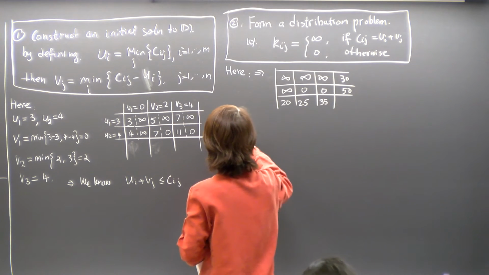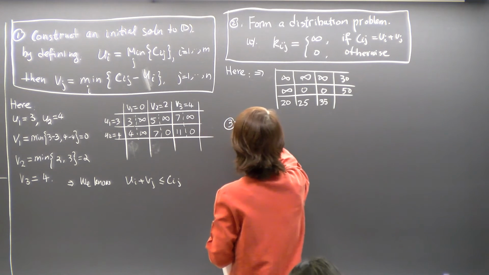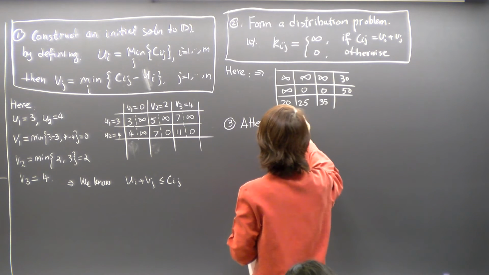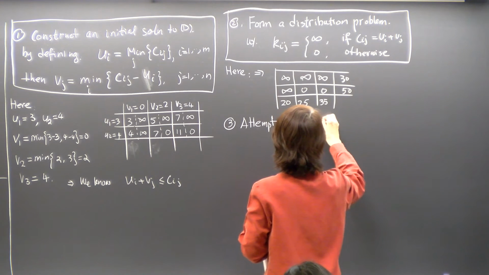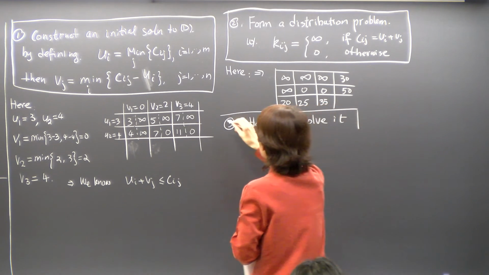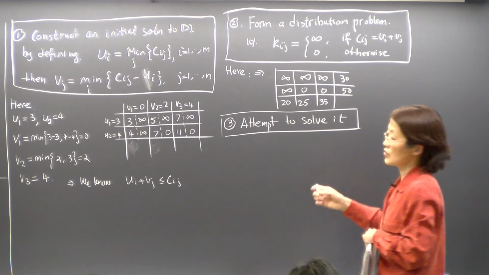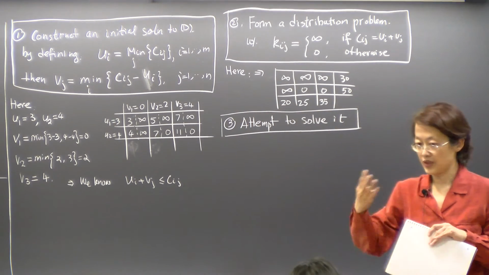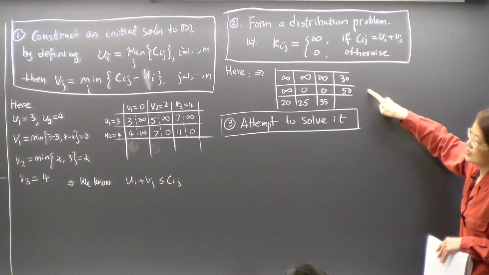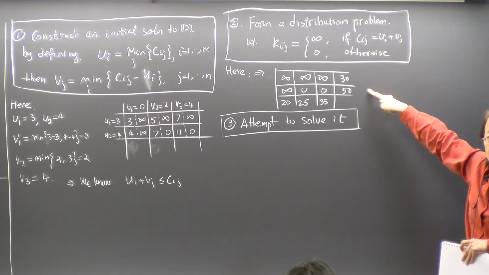Now here comes the third step: attempt to solve it. Because we can try to solve it, it might have a solution or it might not. And now here's the sneaky thing I did.